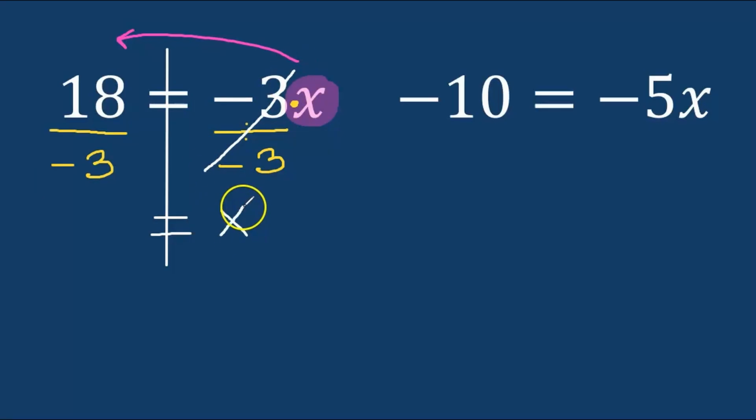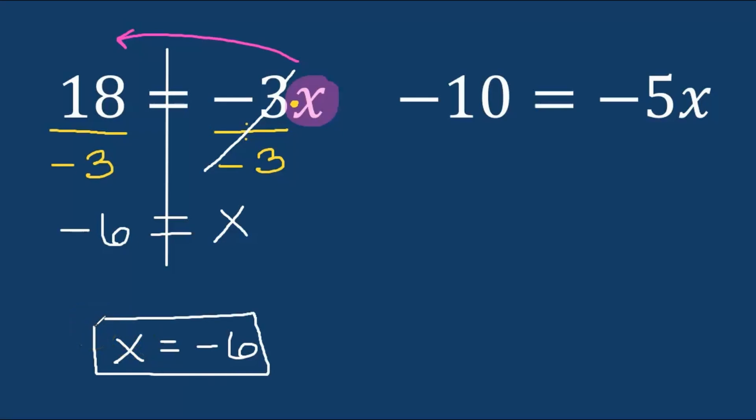So we have x is left. 18 divided by -3 is -6. 18 divided by 3 is 6, and a positive divided by a negative is a negative number. So our answer, using the symmetric property, is x equals -6. We can just flip it around so that it says x equals -6.